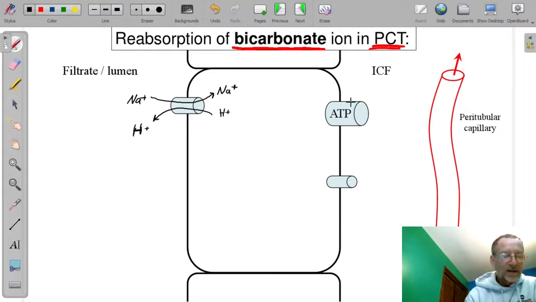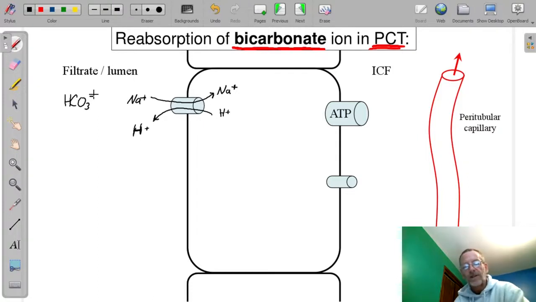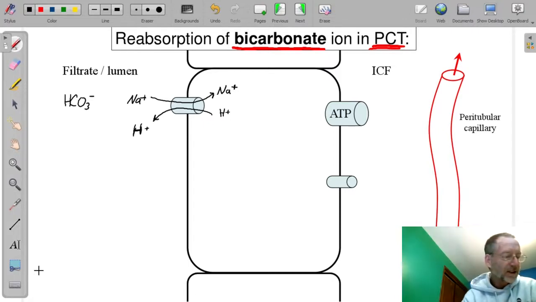You know that it's going to be working on the right to remove the sodium, but let's get back to the filtrate. We had the sodium, and now let's put the bicarbonate in here. This is what we're after. This is what we're trying to reabsorb. It would be so much easier if we just had a transporter to reabsorb the bicarbonate as it is, but that's not the way it works.